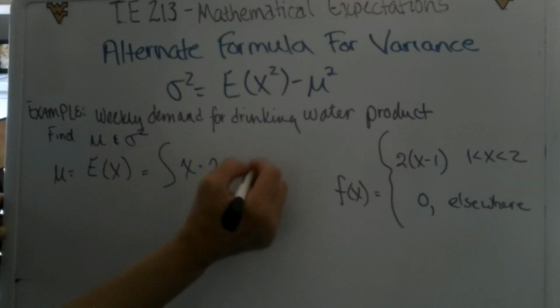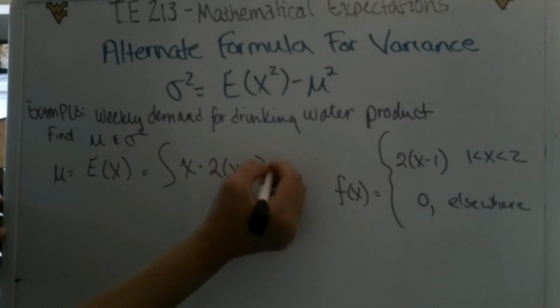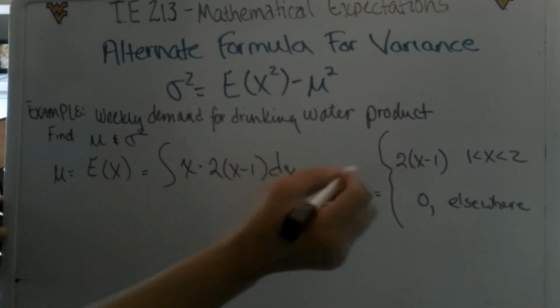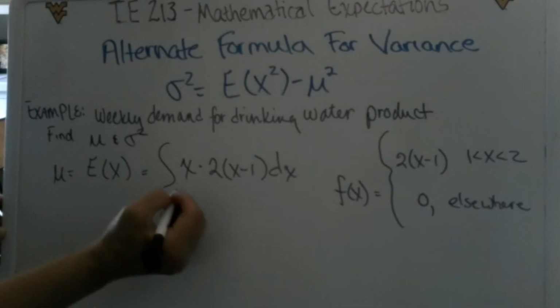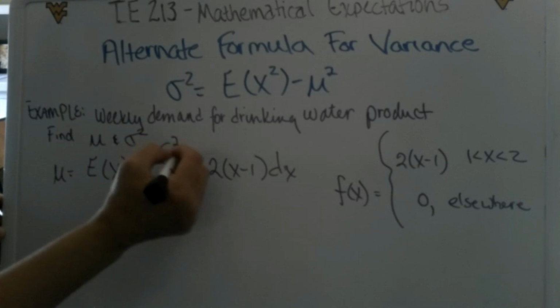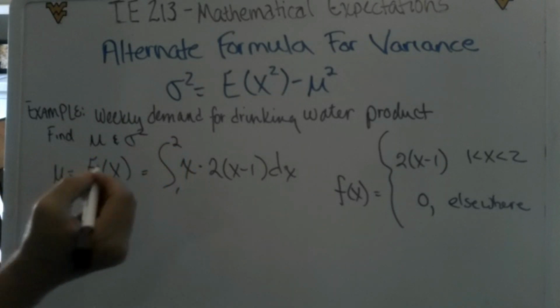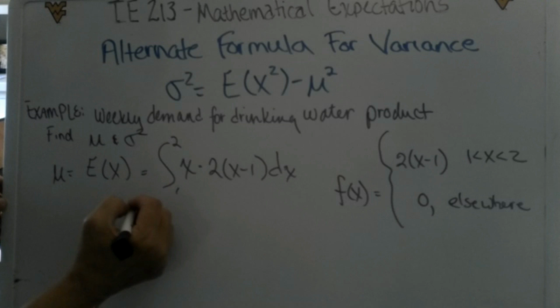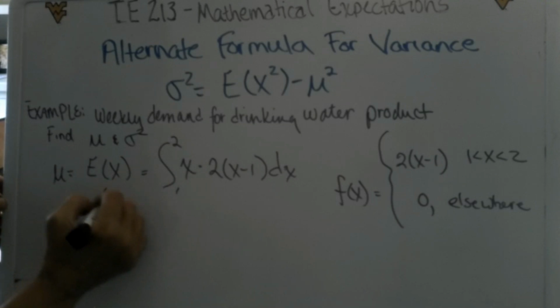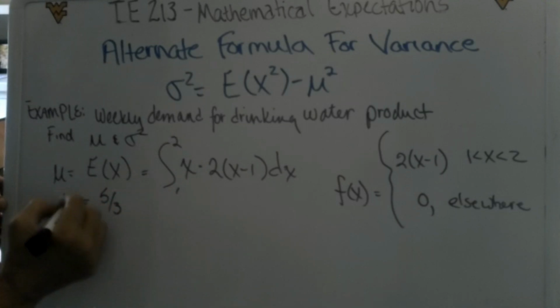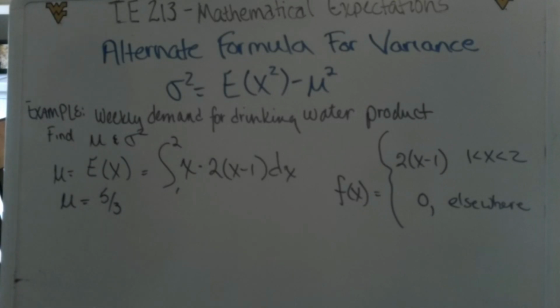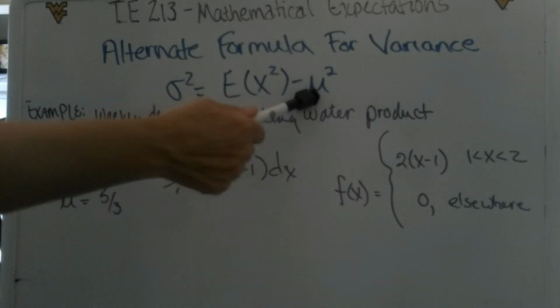So I'll have x times 2 times x minus 1, that's the f of x, dx, with x from 1 to 2. And when we do this integration, this will equal 5/3. So our mu, or expected value of x, is 5/3.